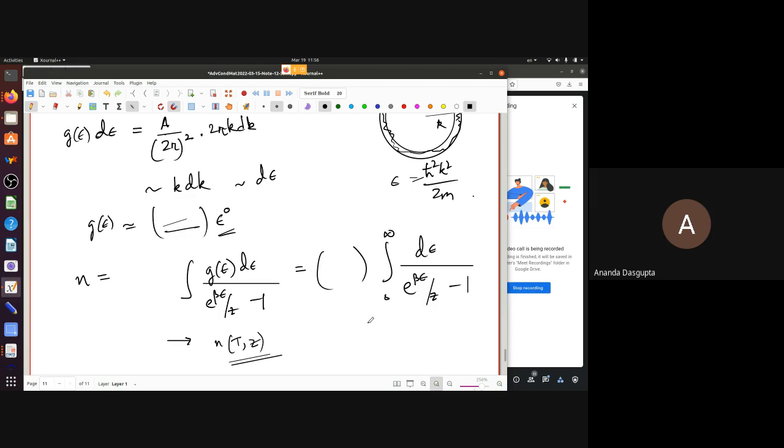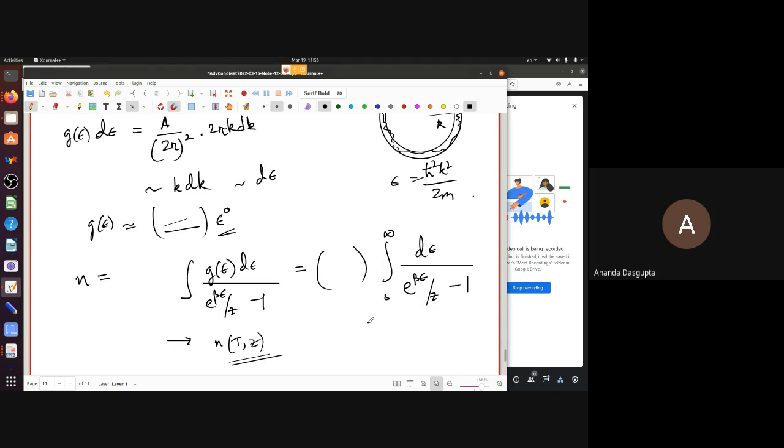So what I want you to do in the next class is calculate this out and tell me what your conclusions are about Bose-Einstein condensation in a 2D bosonic gas. Just find out this n as a function of t and z. Of course, other things stay the same.